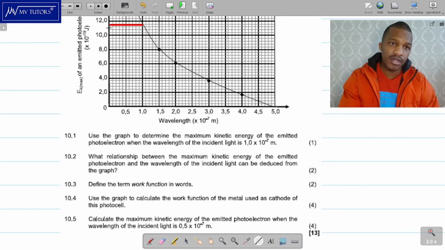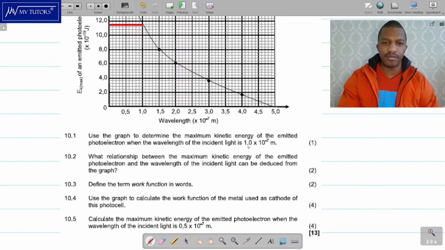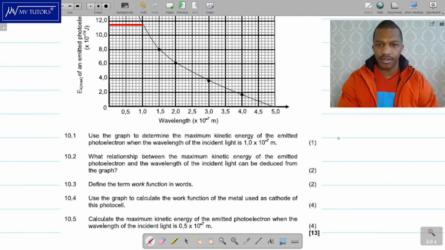Okay, and then it's going to be about 11.8. Let's say it is 11.8. So you will write your answer as 11.8. Now you need to pay attention.